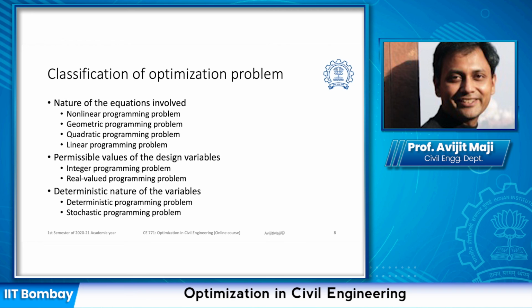Sometimes the variables in the objective function or in the constraints could be the product of each other with a raised power to some order. If we have a problem of that nature, it becomes a geometric programming problem.